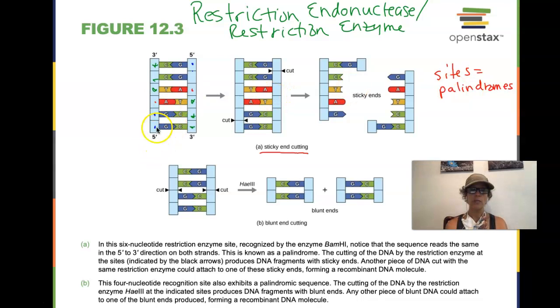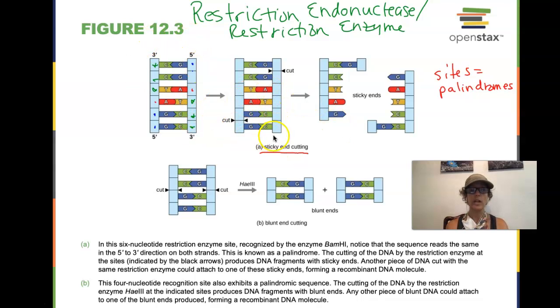So we have our 5' end, and we have GGATCC, and on the other 5' end, GGATCC. The strands still have the correct base pairing, but if you read them 5' to 3', they have the same sequence. That is why it is a palindrome.